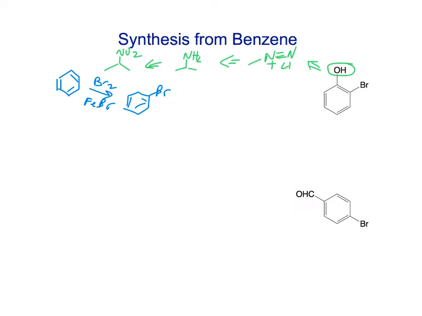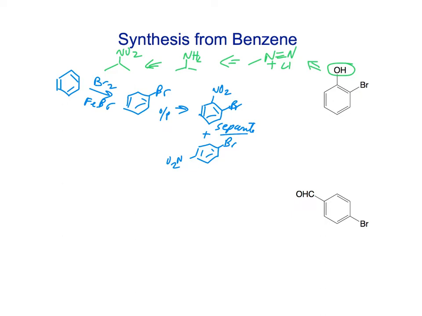Ortho para director. We could then do a nitration, and what we would get would be a mixture of ortho and para, and then we'd have to separate these.